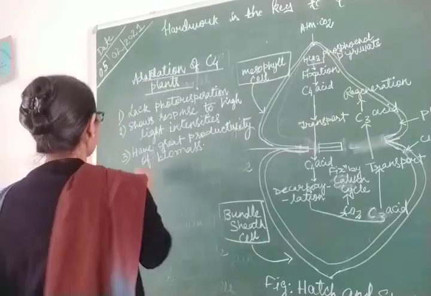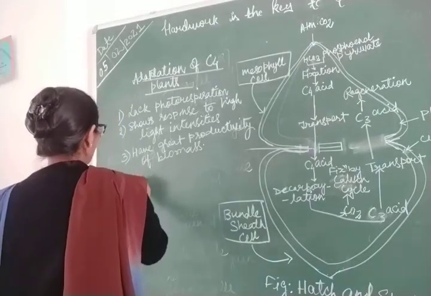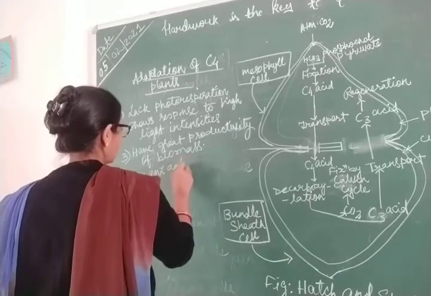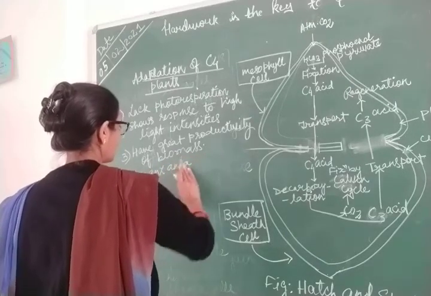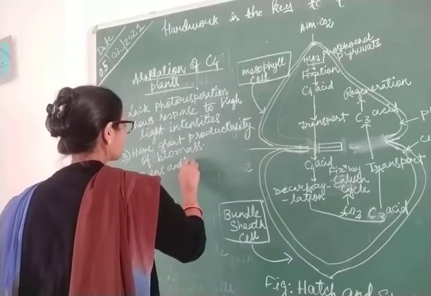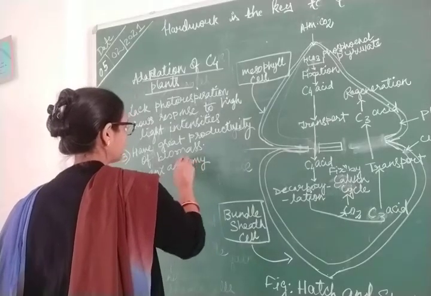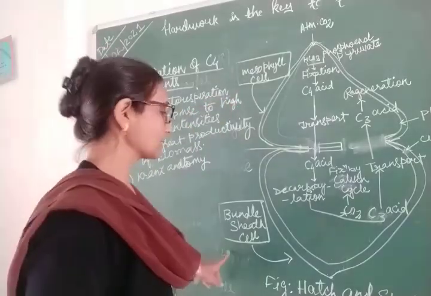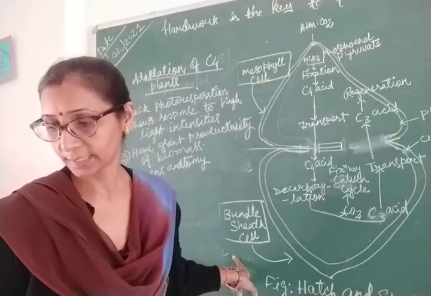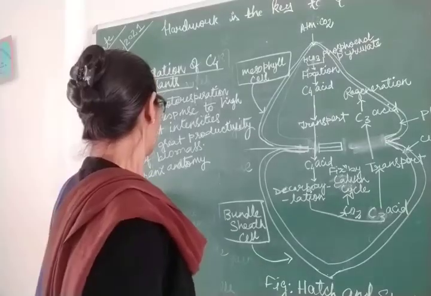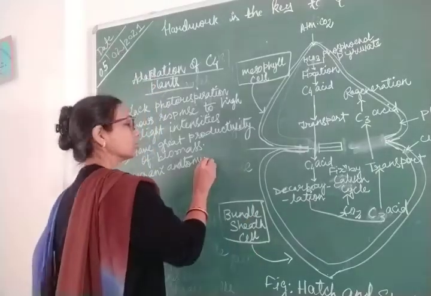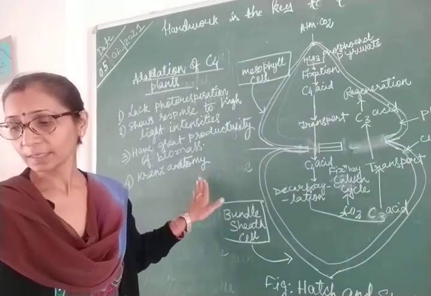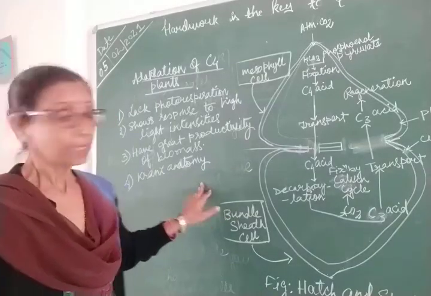C4 plants also show Kranz anatomy. Now we had already discussed what Kranz anatomy is, which has the presence of the mesophyll cells as well as the bundle sheath cells, because two types of cells appear in it.